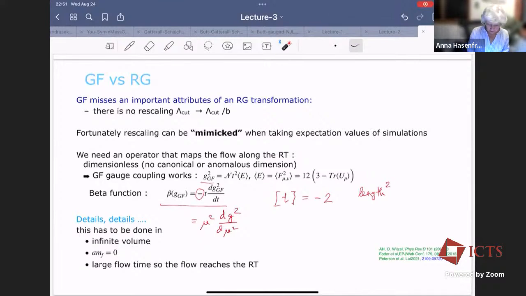We have to wait until the irrelevant operators die out in order for this system to work. But we know what we need to do, and in the next few slides, I want to show you a couple of examples of how it works. Any questions before I get into numerical results?